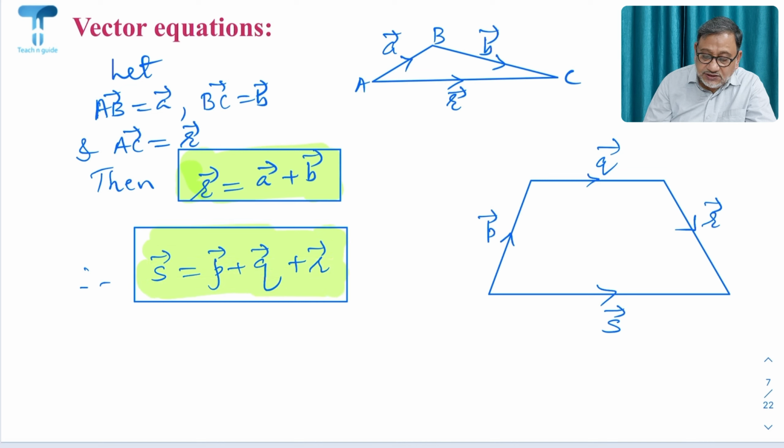So vector equations are nothing but addition of vectors, or one vector is the resultant of three or four different vectors. It is not necessary that they should all be positive; there can be some negative vectors also. Let me show you one more example.